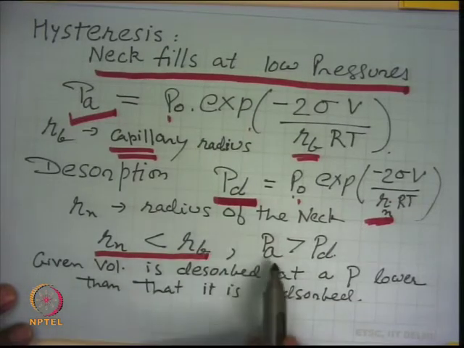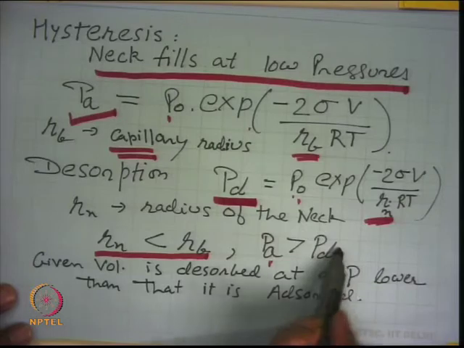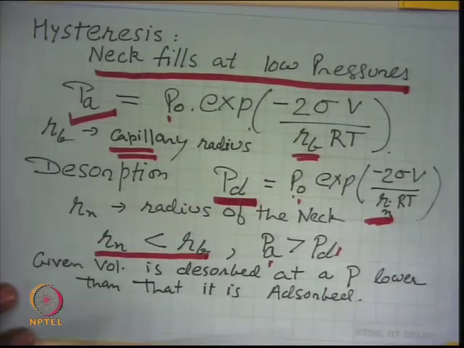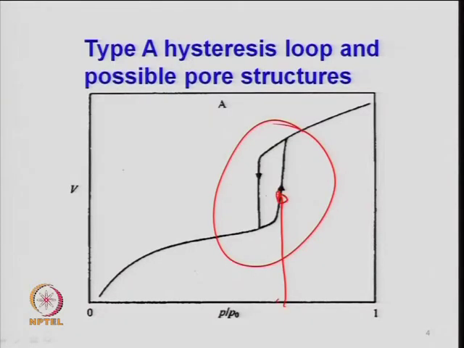So, what will result? The pressure for adsorption is higher than for desorption, right, same equation, just take the ratio. So, adsorption requires a higher pressure to adsorb a given volume, right, but when you want to relieve that volume, you need to release the pressure to a larger extent, right. So, what does it mean? This simply means that at the same pressure, if I just look at this point, this was the pressure required for adsorption, where the volume adsorbed is this.